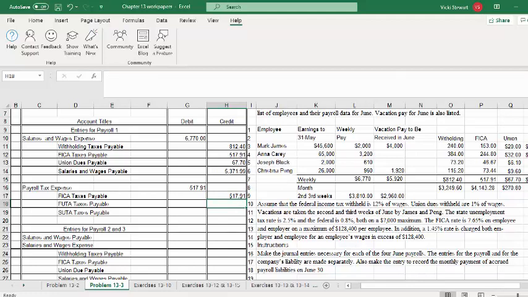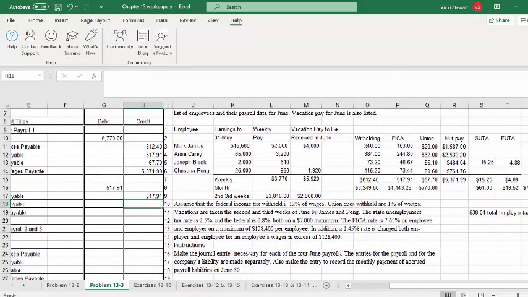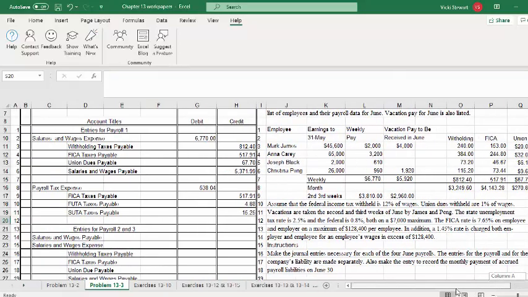And then we are also going to enter a liability for the FUTA, or federal unemployment tax, for the one employee, and then the state unemployment tax for the employee. And that will give us our total employer tax of $538.04.